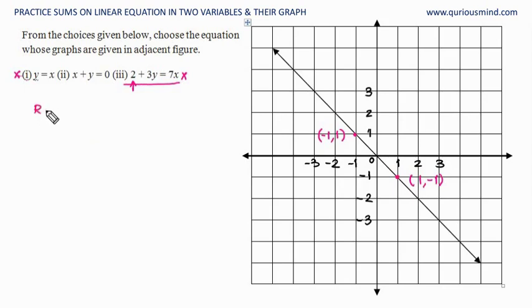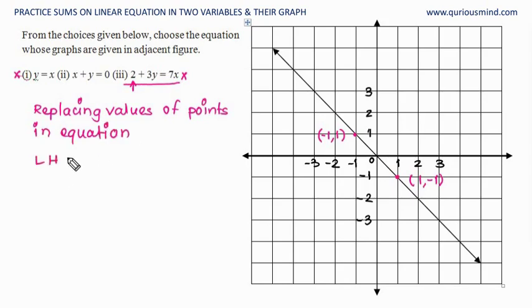So the points, replacing these values in the equation. We'll only take LHS. So LHS is equal to x plus y. First point is minus 1, 1. So x is minus 1 plus y is 1. Minus 1 plus 1 is 0. And that is equal to RHS. So the first point certainly lies on this line.